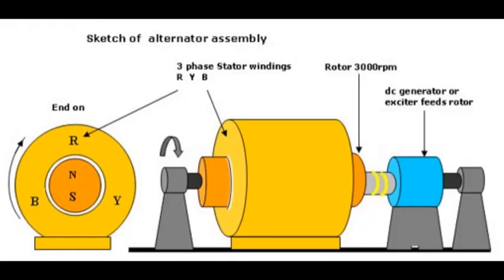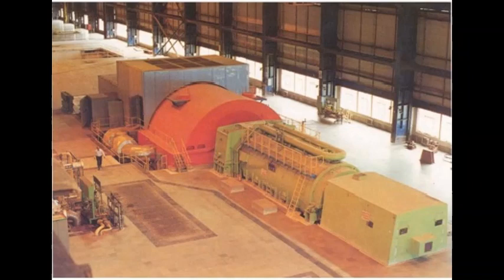The generators used in most thermal power stations are three-phase generators rotating at 3000 rpm. That means they generate power at 50 Hz, and the output voltage is 11 kV. For a 210 megawatt unit, the generator rating is 247 MVA.